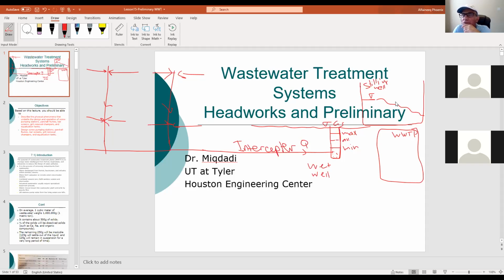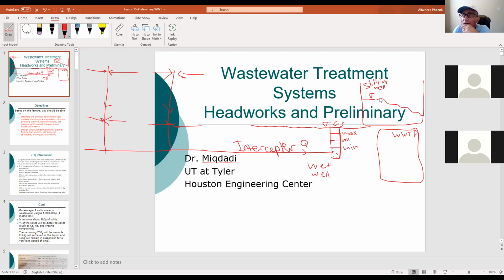So this is calculated. We calculate what is called the hydraulic profile of the wastewater treatment plant. It accounts for all losses that happen in different facilities, equipment, and so on.